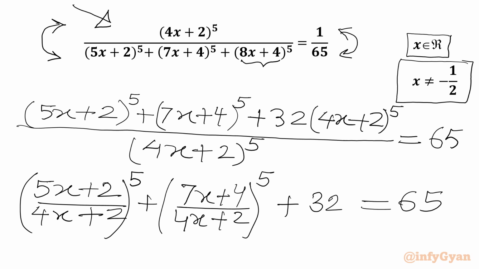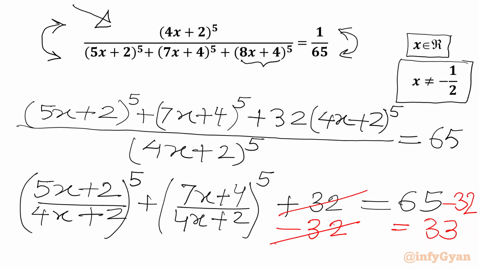Now we will subtract 32 from both the sides. So I will write here minus 32, this side also minus 32. So RHS will become 33, and plus and minus 32 will cancel out.